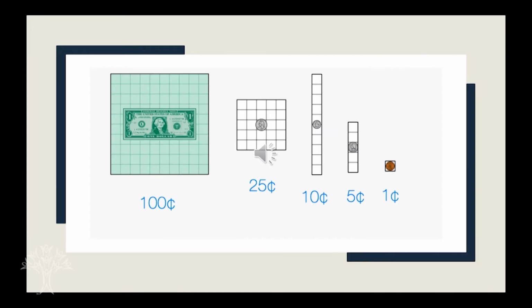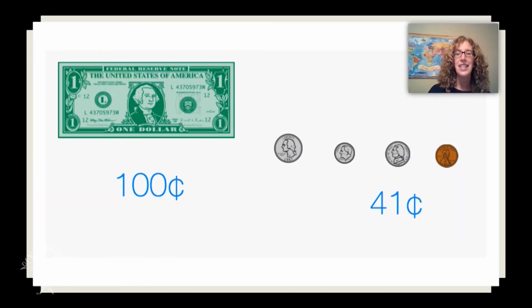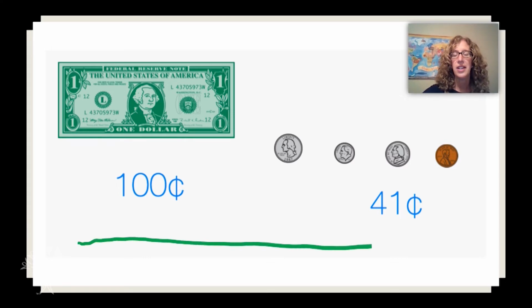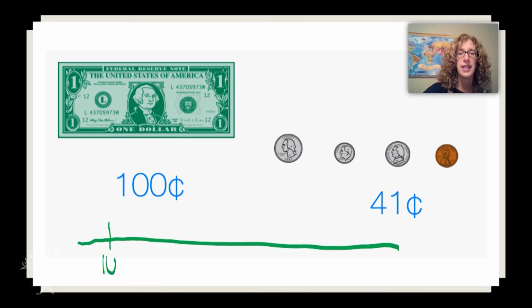Take a minute to figure out what this whole collection of money is worth altogether. This is how I got my total. I started with that dollar and I know it's worth 100 cents.